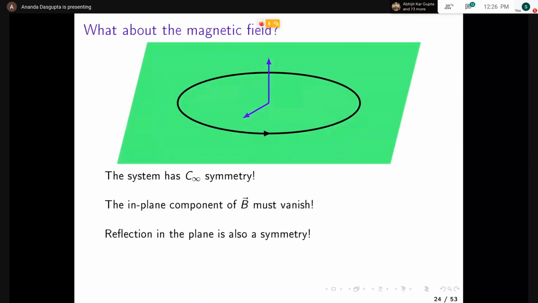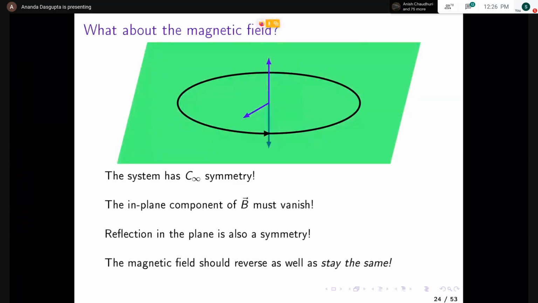But now comes the point. Reflection in the plane is also a symmetry. Among the two blue lines, this one I know must be 0, because if it were non-zero, rotating the system would have changed the magnetic field, but it can't. But reflection in the plane is also a symmetry. So what happens when I reflect? Well, remember, this component is no longer there.